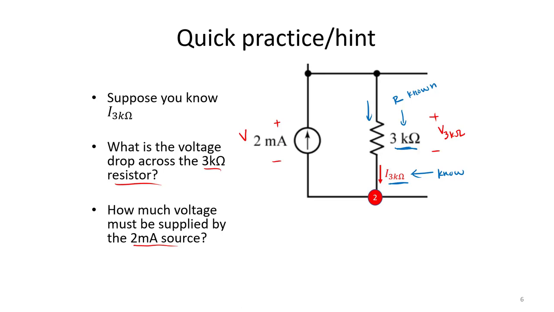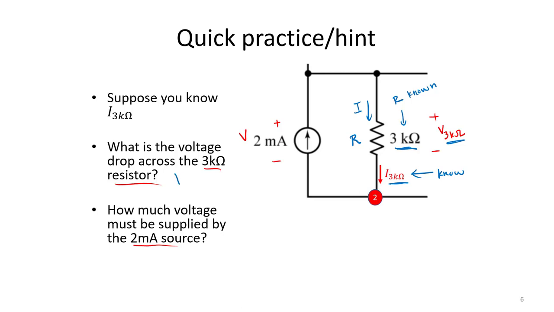We also know the resistance. So if we know how much current is entering a resistor, and we know the resistor's resistance, is it possible to find that voltage? If you're thinking of using Ohm's law here, that would be correct.